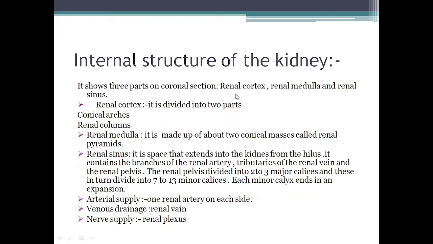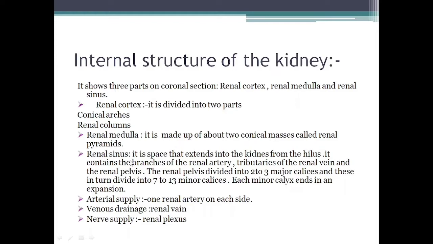Now the internal structures of the kidney. It shows three parts in the coronal section: renal cortex, renal medulla and renal sinus. The renal cortex is divided into two parts: the cortical arches and the renal columns. The renal medulla is made up of about 12 conical masses called the renal pyramids.